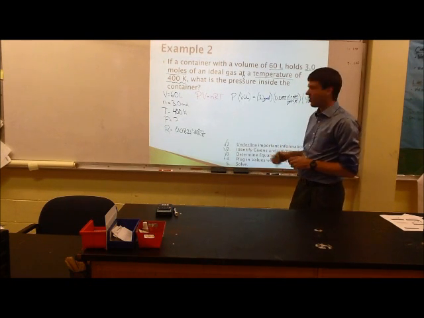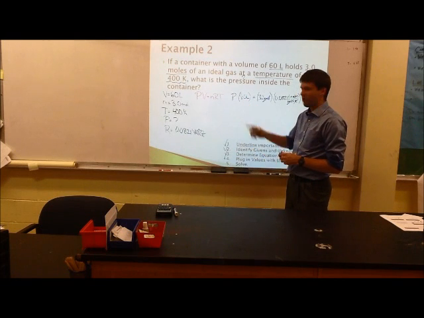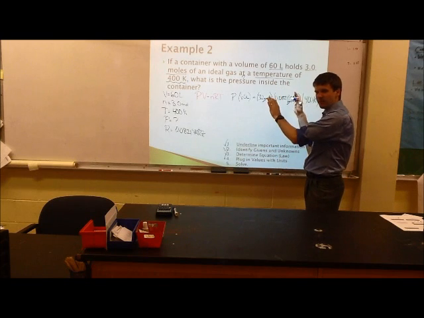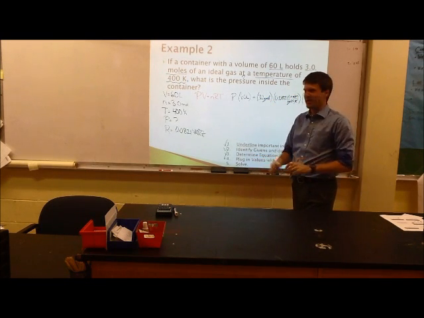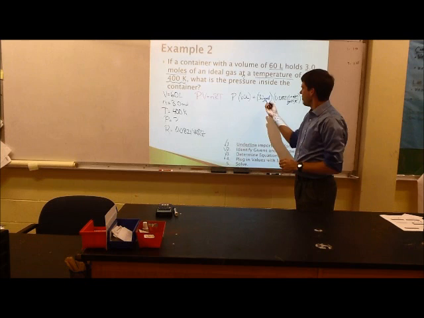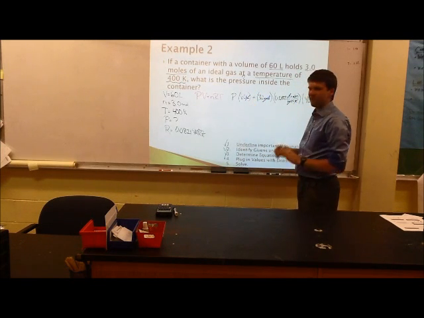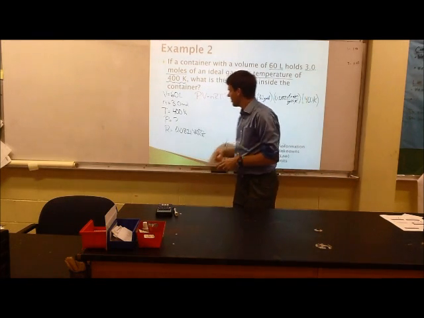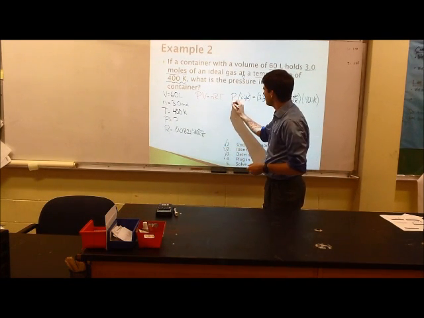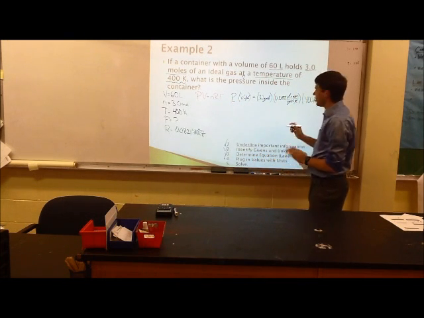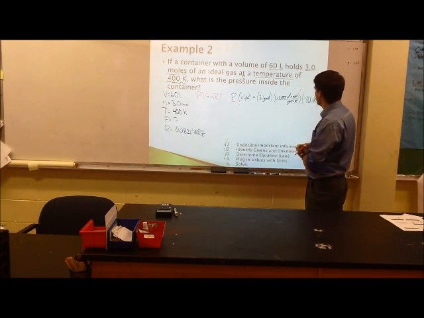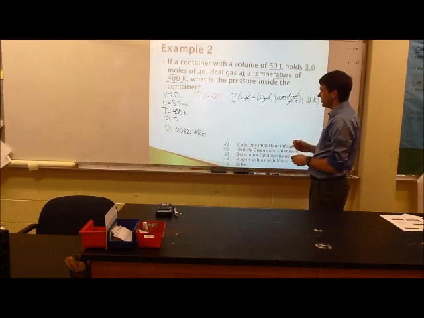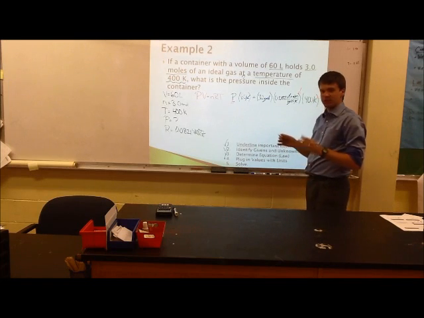When you have a unit on one side of the equation and a unit on the other side of the equation, both on top or both on bottom, you can cancel them out. So, we'll cancel the liters since it's on top of both sides. Notice, our unknown is pressure. The only unit we have left is ATM. So, ATM, we're good to go.